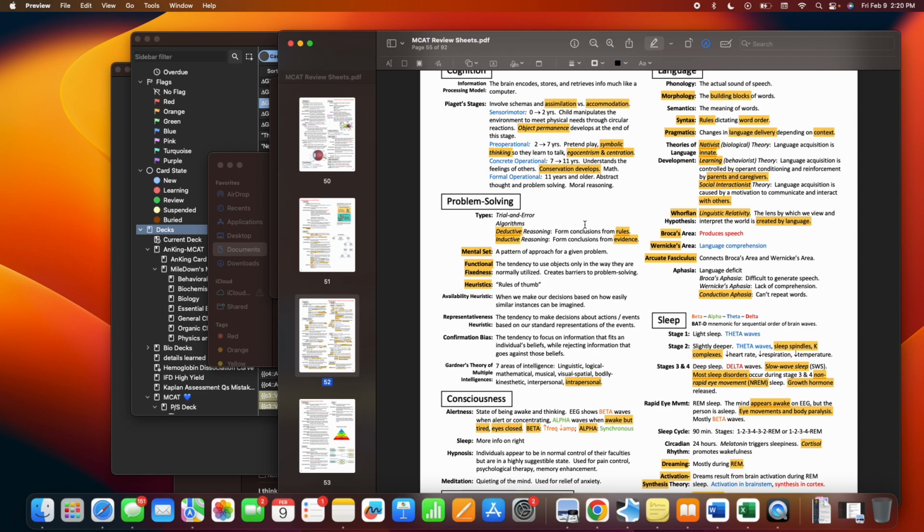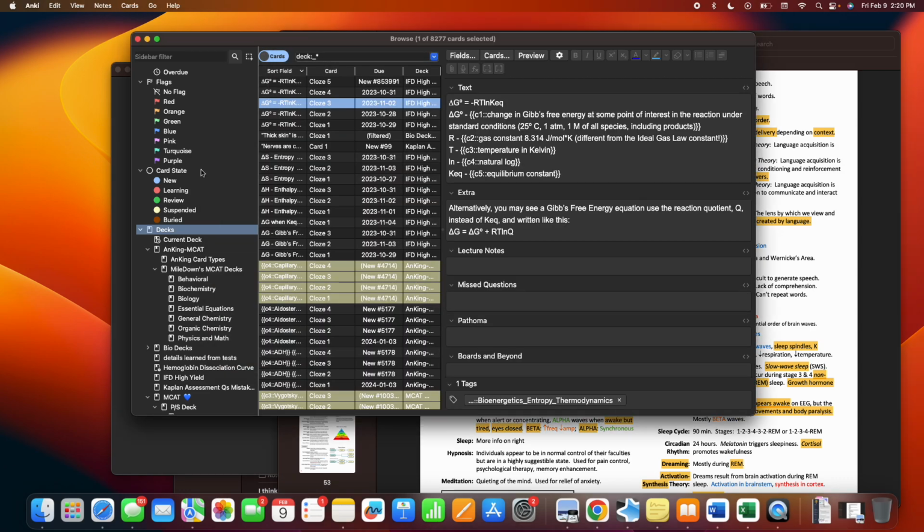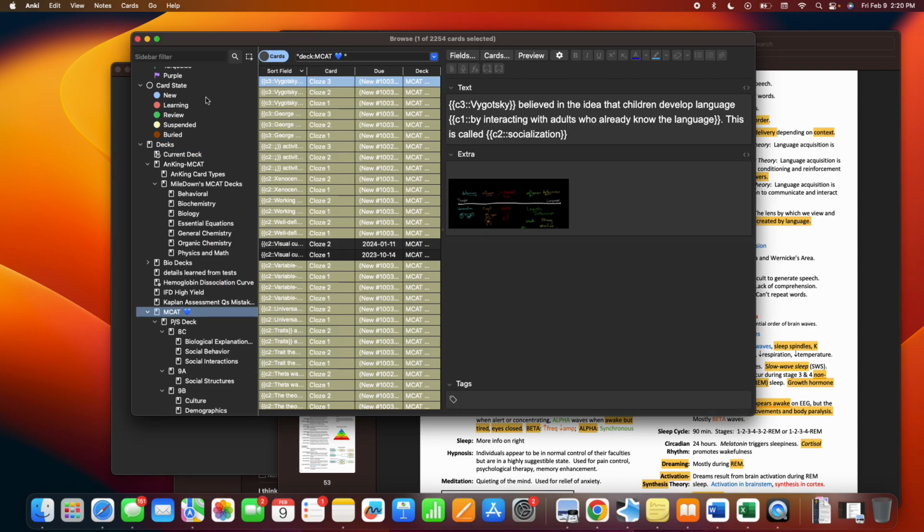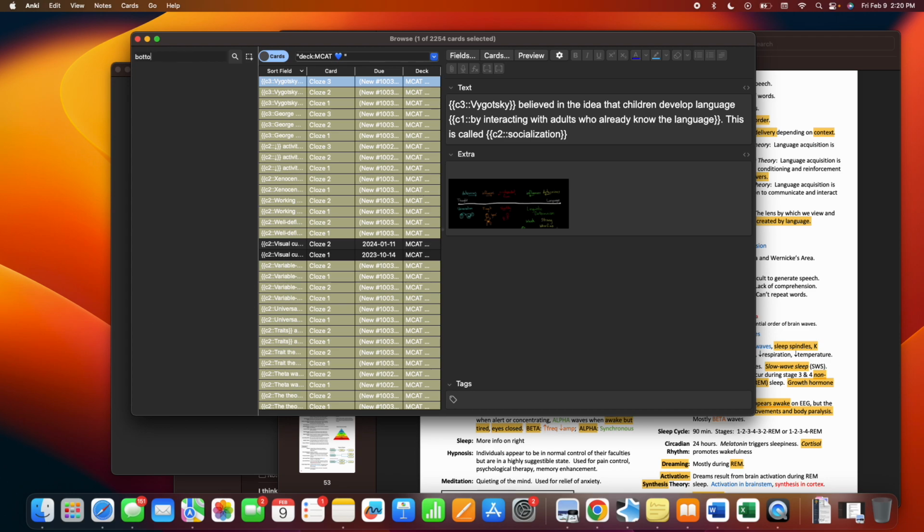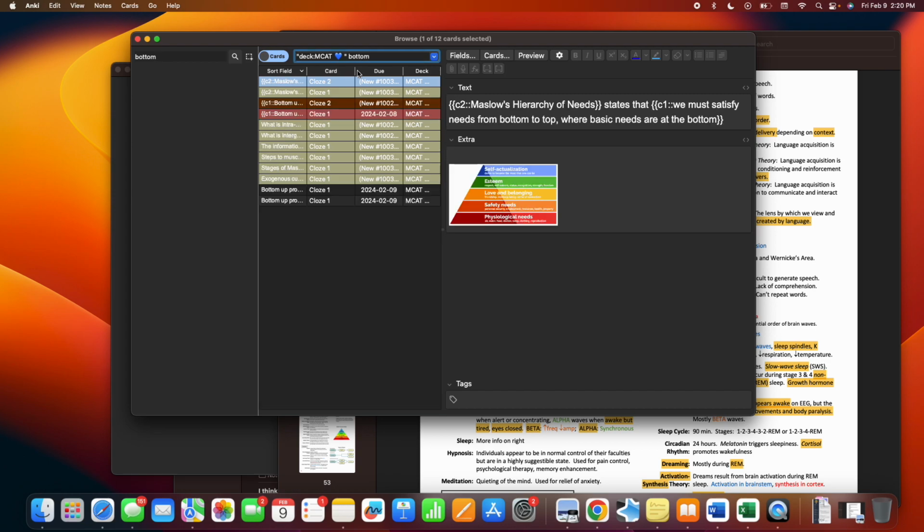Now let's dive deeper into the flashcards and we'll be able to see bottom up here. So bottom up processing, we said that it's deduction.